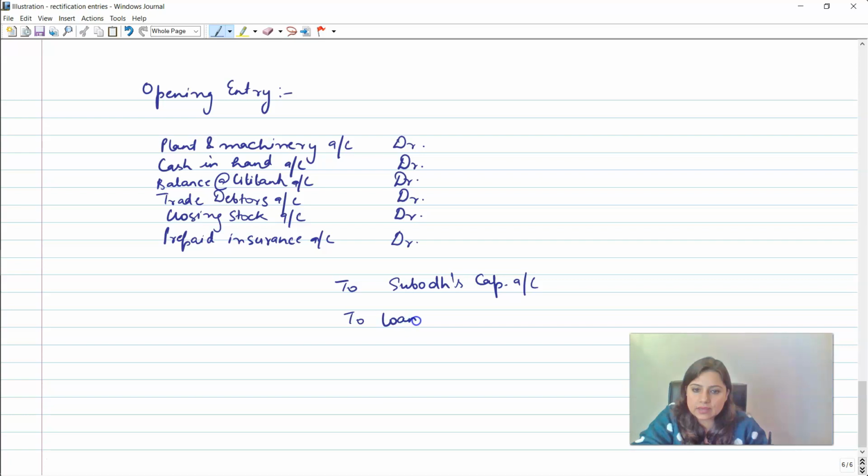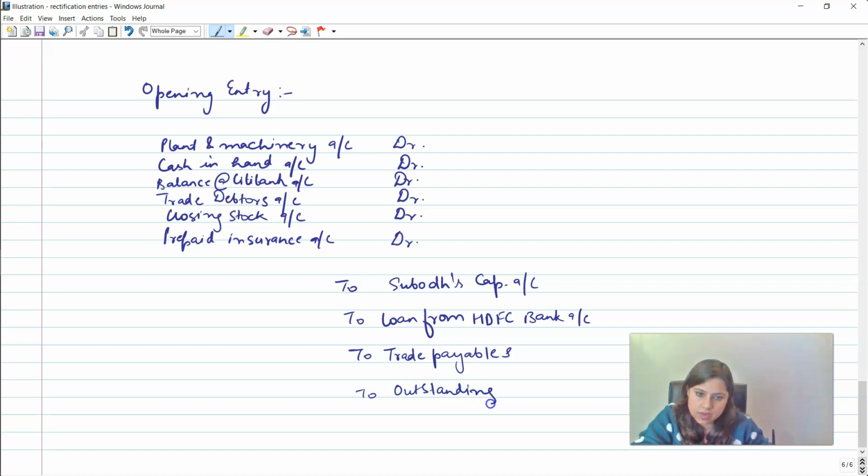The loan is again a liability, loan from HDFC Bank account, to the trade payables, and to outstanding expenses.